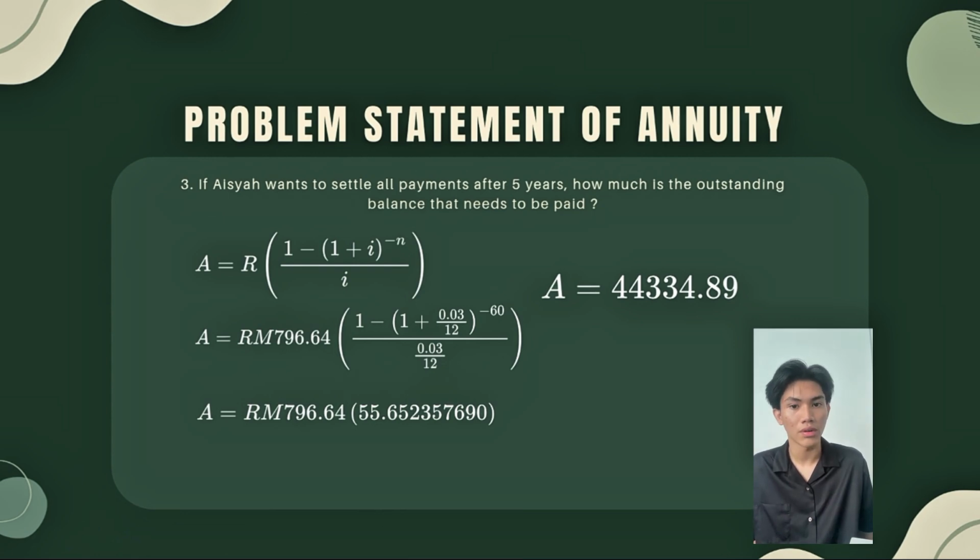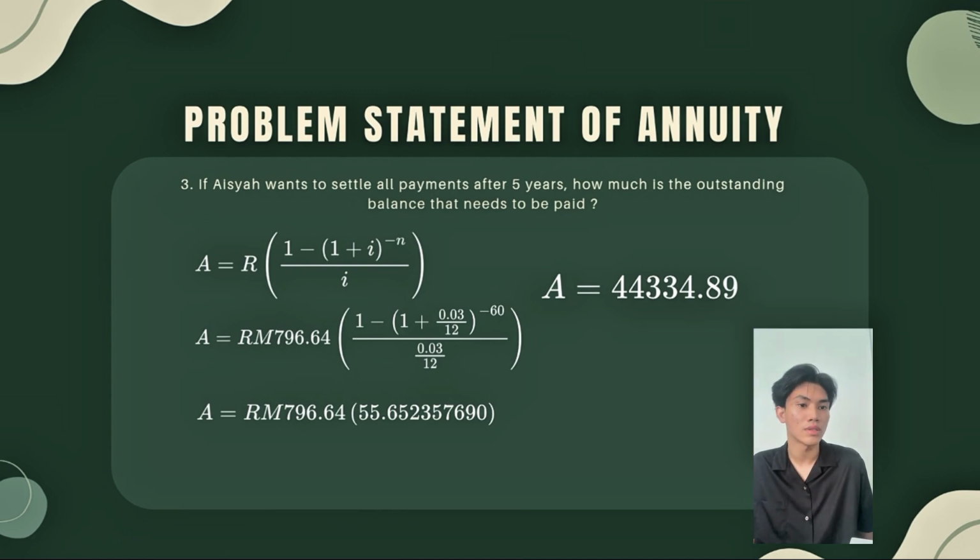So we insert all the information given to this question. A equals to RM 796.64, open bracket, 1 minus open bracket 1 plus 0.03 per 12 close bracket, minus 60, close bracket per 0.03 per 12.